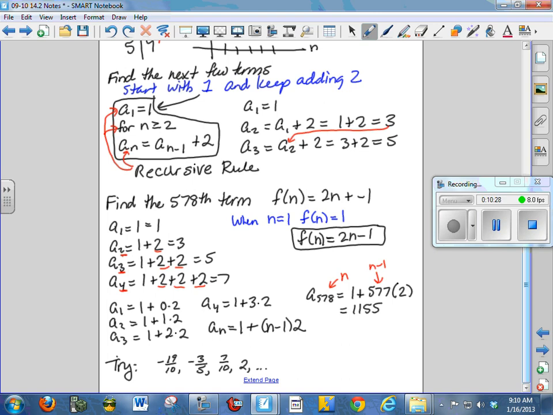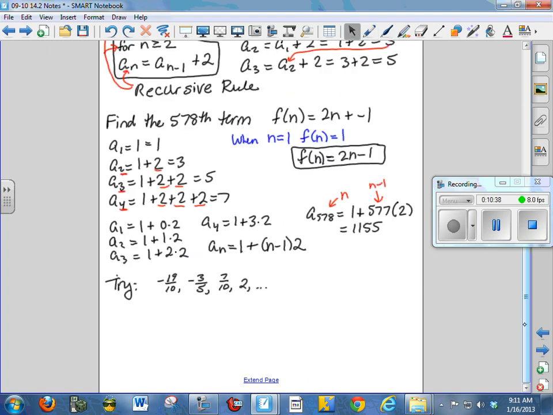So another way to write the explicit rule is to say in general, a sub n is equal to a sub 1, the first term, plus n minus 1 times d. So here our a sub 1 is the 1, n minus 1 is 577, d is 2.